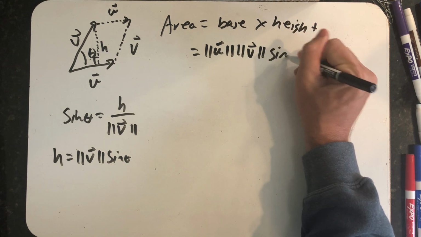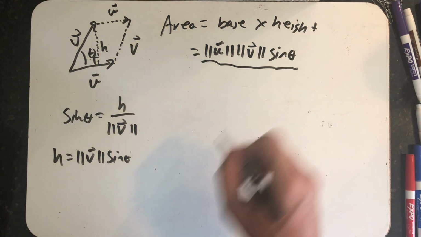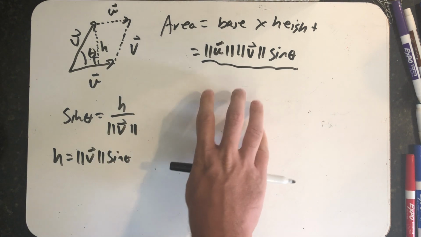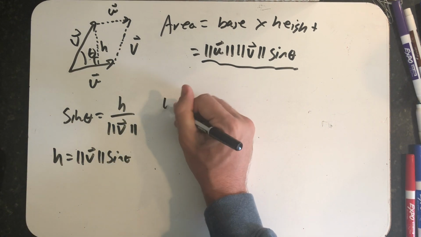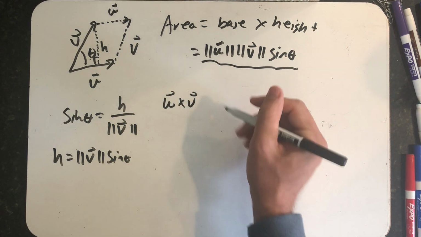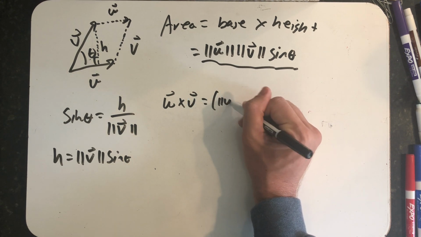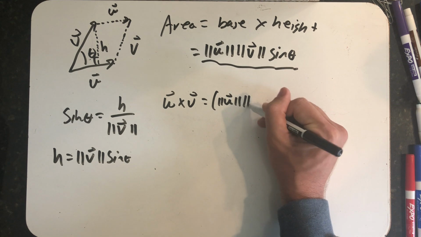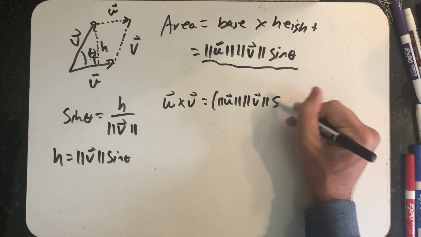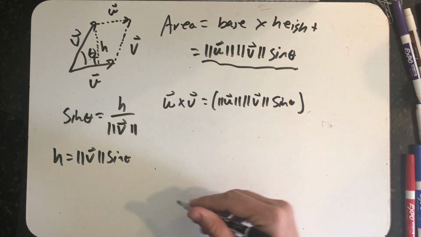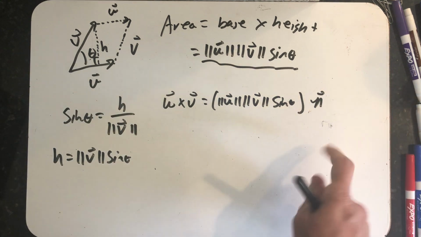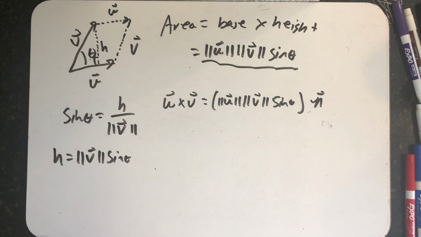And there's that calculation from before for the magnitude of the cross product. Okay, so U cross V has a length that is the area of the parallelogram spanned by both U and V, and a direction that is a unit vector perpendicular to both U and V.